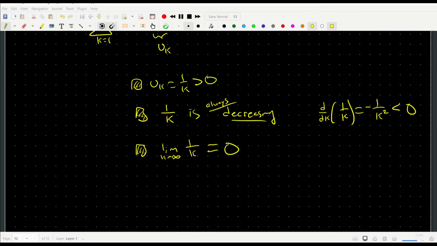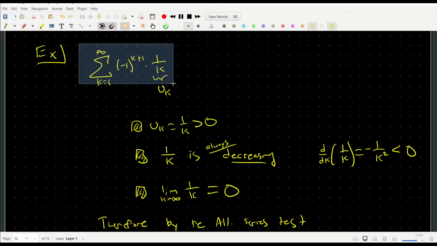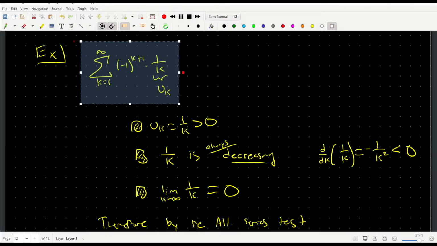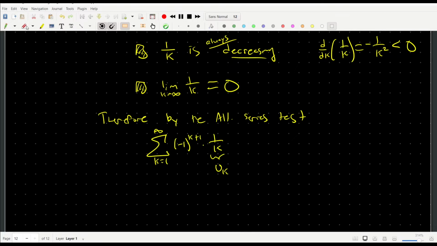So we say that, therefore, by the alternating series test, this series must converge.